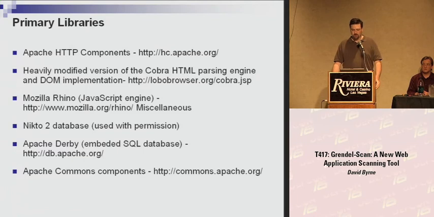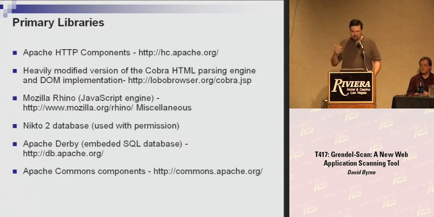Grendel doesn't use Lobo, but a partner project called Cobra is an HTML parsing engine and document object model implementation. Grendel uses a heavily modified version of Cobra, which is useful for things like spidering, testing cross-site scripting, pretty much any time when there's a need to model real-world browser behavior. Along the same lines, Mozilla Rhino is the all-Java version of the Firefox JavaScript engine. Obviously, that's used for testing cross-site scripting as well.